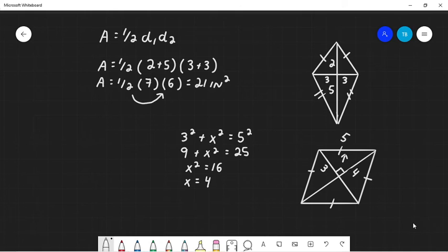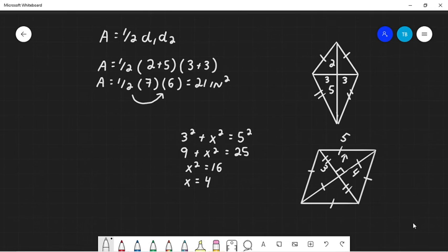Now let's go back again to some of the properties of rhombuses. We know not only that the diagonals of a rhombus are perpendicular to each other, but we also know that they bisect each other, which means that this portion of the diagonal is congruent to this portion here, and this portion of the other diagonal is congruent to this one here.